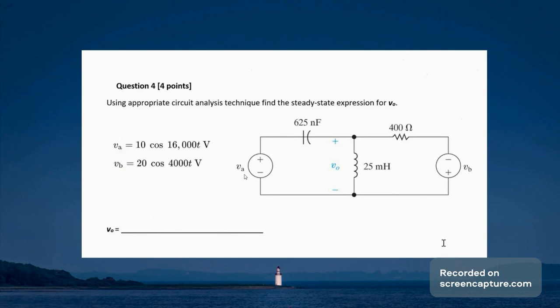But remember that they have different impedances because there's a different frequency for VB. That means we have to find the impedances all over again. Doing so will give you an impedance of J100 ohms for the inductor and negative J400 ohms for the capacitor. Combining them in series gives you J133.333333333 ohms.